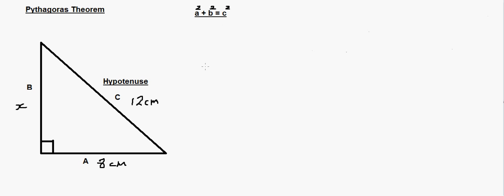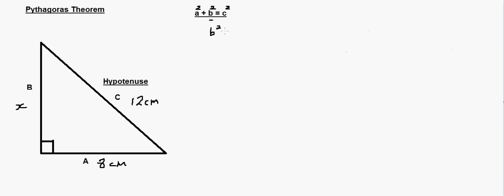Okay, so we want b, this value. Now we know A and we know C, so all we do is a minor piece of basic algebra to find B. B is positive where it is, so we keep it here.